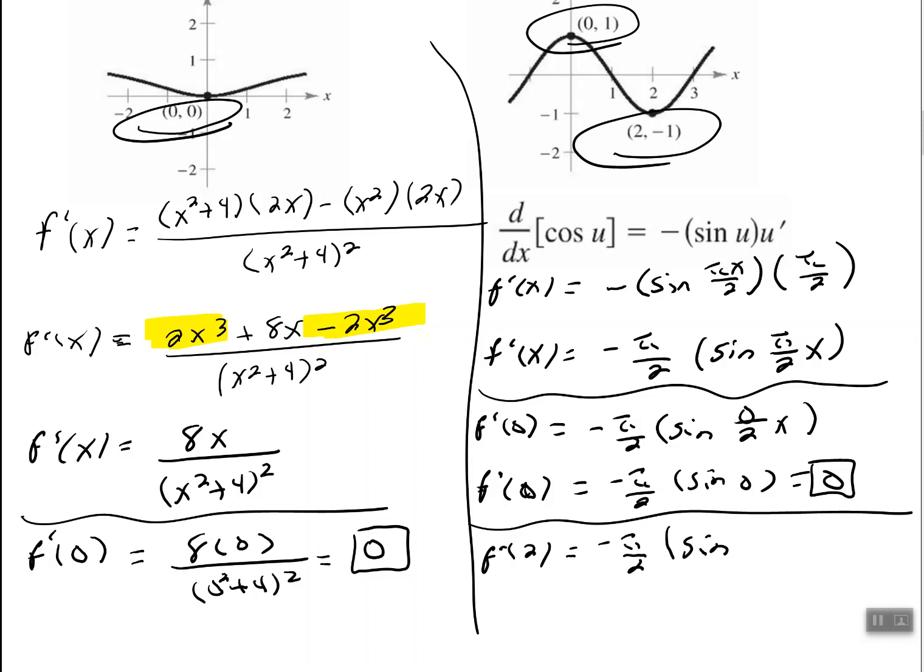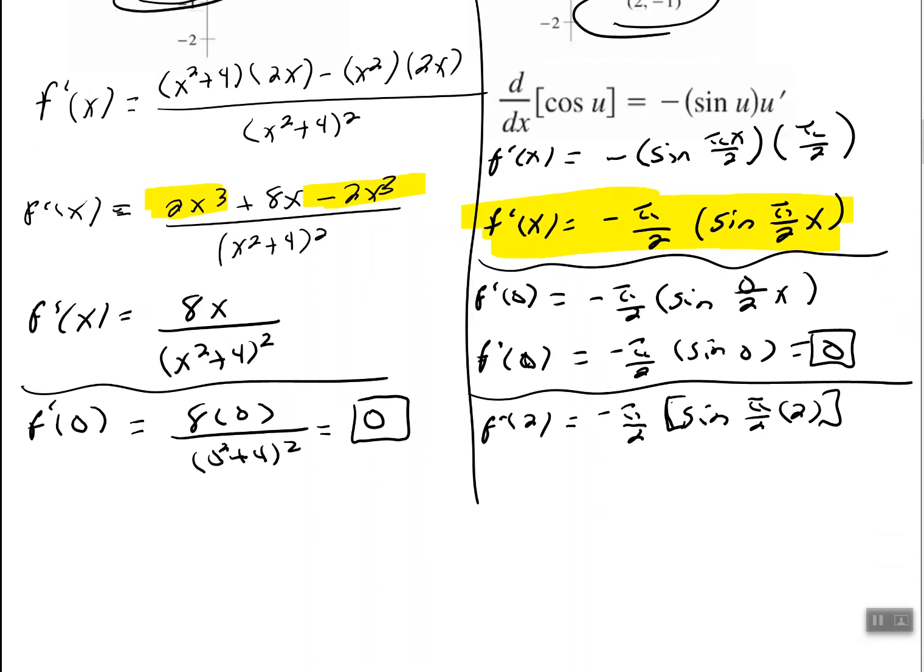So we're still looking at our derivative equation that we have there, replacing x with 2. So we have pi over 2 times 2. So the 2's would cancel out.